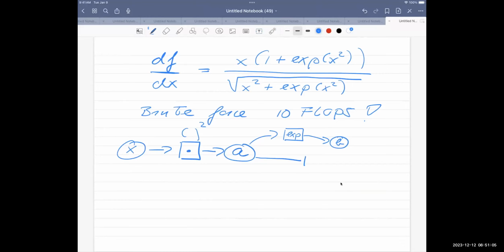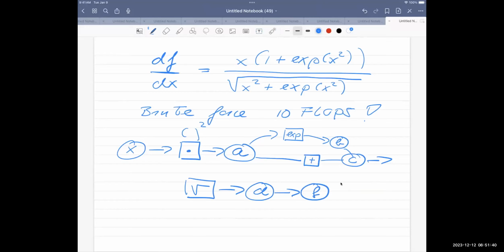There is a plus operation, so I'm adding x squared plus the value b, the exponential. I'm adding these two, and that gives me a new variable c by the addition. Then this c continues into a new operation, which is the square root. This produces a new variable, which I'm going to call d. And this one is going to be equal to the final value f here.